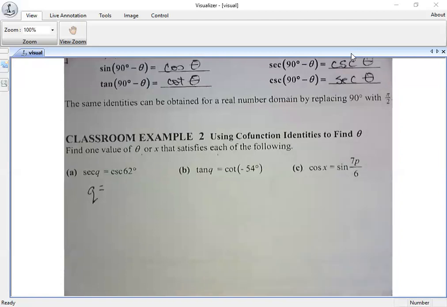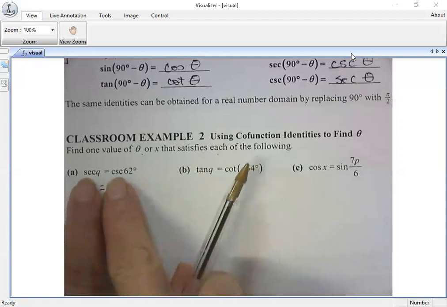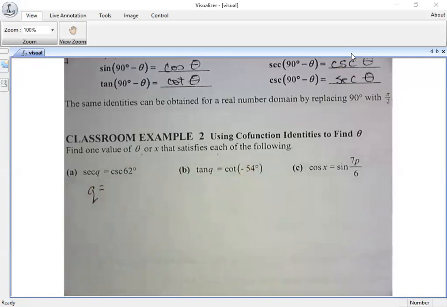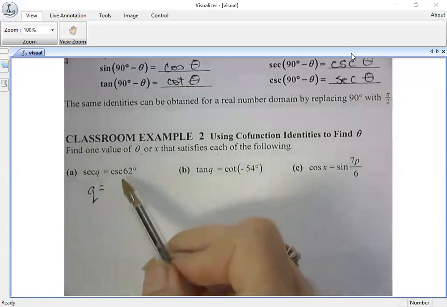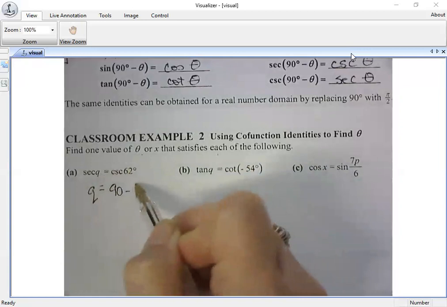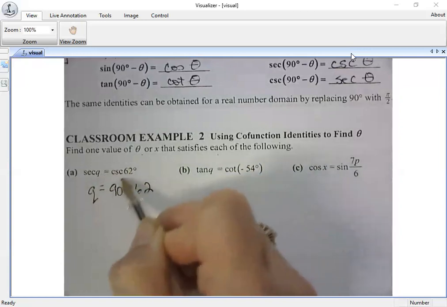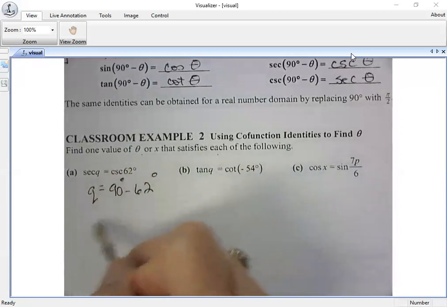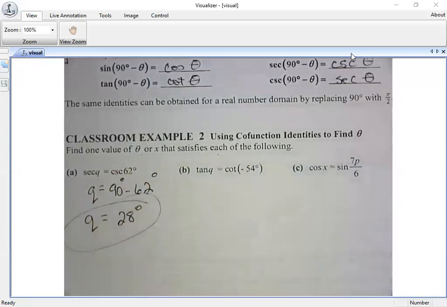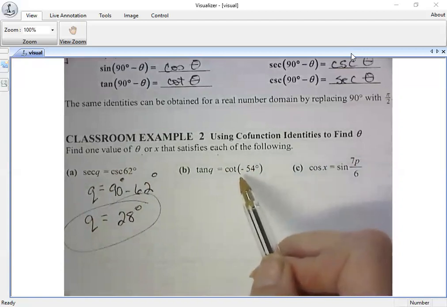Absolutely, because these are cofunctions, secant and cosecant. Anytime, it's going to be the same thing, but with the co in front of it to be cofunctions. And that would mean that all I have to do is take 90 minus this angle to figure out what that has to be. And 90 minus 62 is 28 degrees. Ta-da.